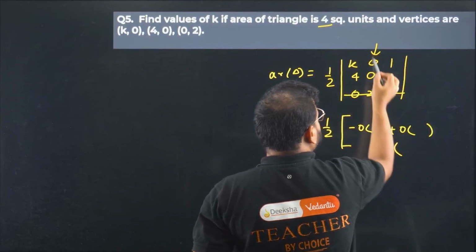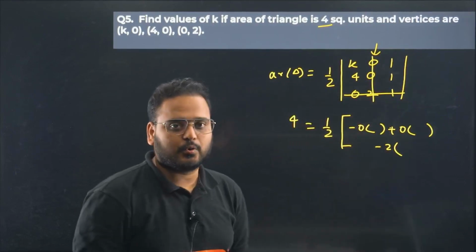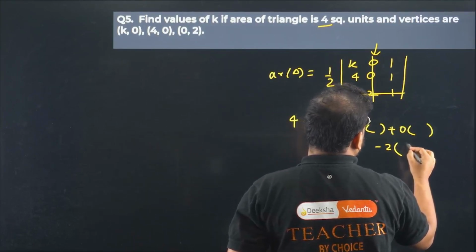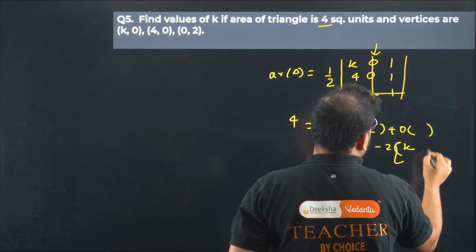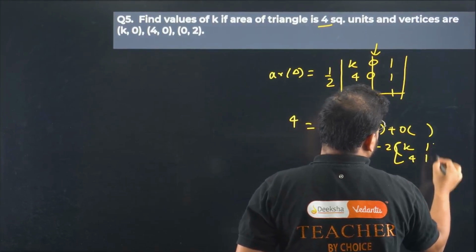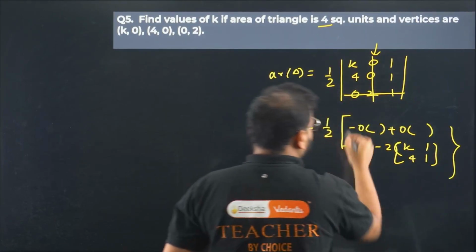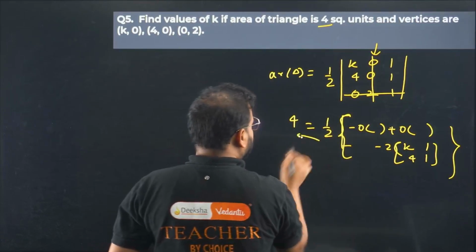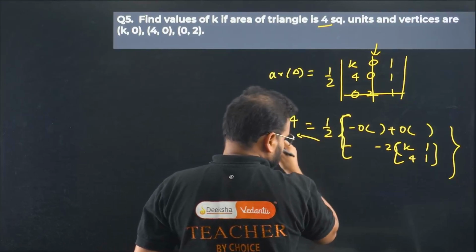For this I'm going to erase the second column, third row. What do I have? The matrix over here is K, 1 and 4, 1. That's my matrix. Now bring this 2 to this side. We get 4 into 2, which is 8, equals the determinant.